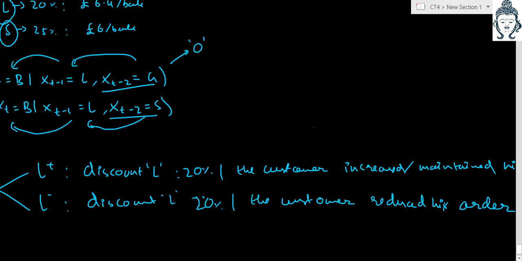So now our state space becomes, which they had asked us to write, B, which is the base price, G level of discount, L minus level of discount, L plus level of discount, and finally S level of discount, right? So this is our state space. Now let's look at the next part.